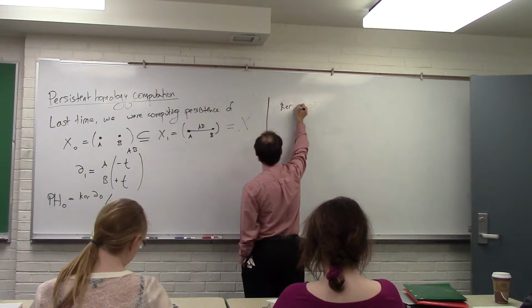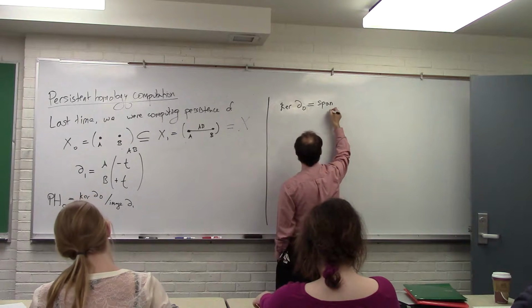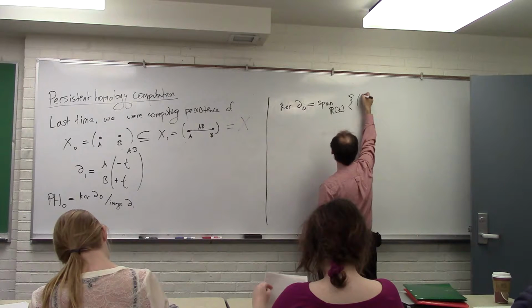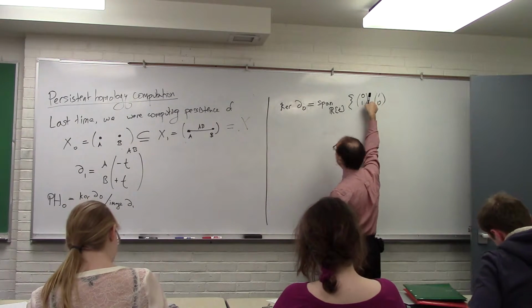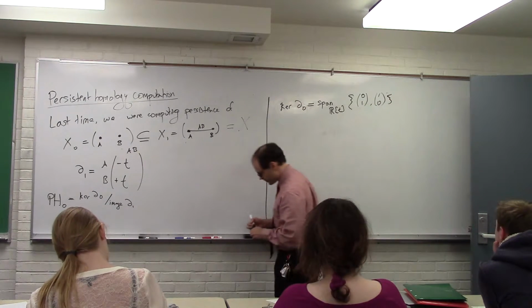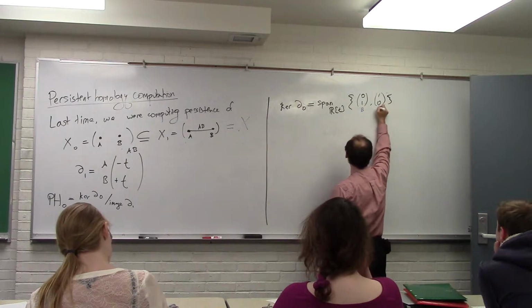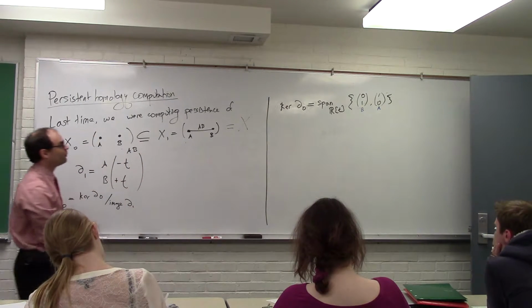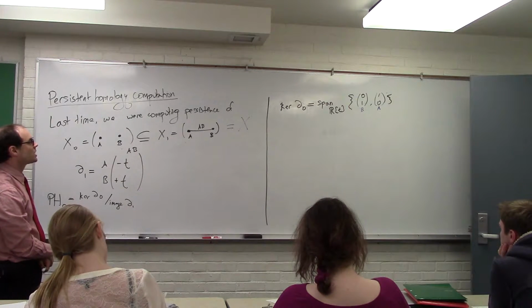Let's write down the kernel of boundary 0. That's the span over R[T] of (1, 1) and (1, 0). This is B for all practical purposes, and this guy here is A. In black I've written out in coordinates, vector components, the other one just abstract.